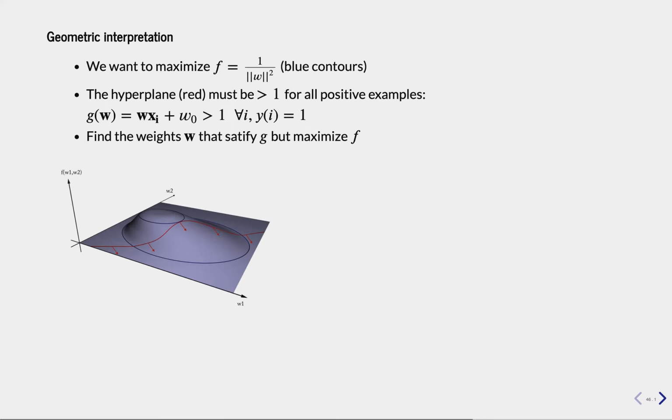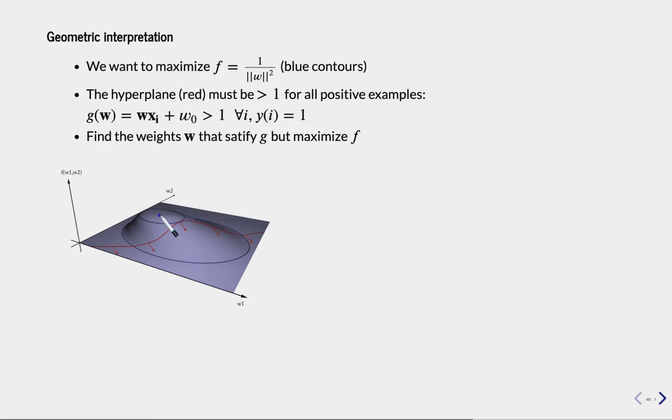But we also have the constraint that all the positive points must be on the right side. Right? And this extra constraint is a linear constraint. So we're dealing with a convex problem.